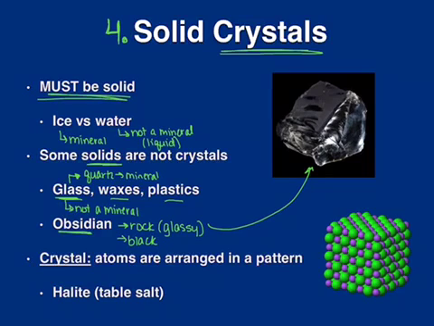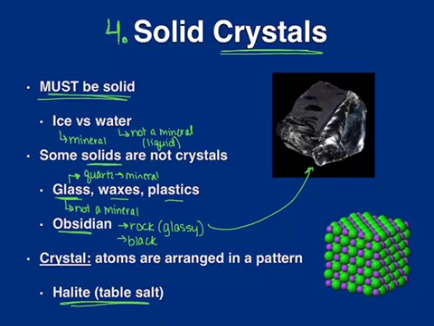A crystal is any solid that has its atoms arranged in a very specific pattern. Halite, or a form of salt, has this crystal pattern that we see over here, where we have a purple atom followed by a green, purple, green, purple, green. You can see that it alternates, and you can predict which atom would be next in the pattern.